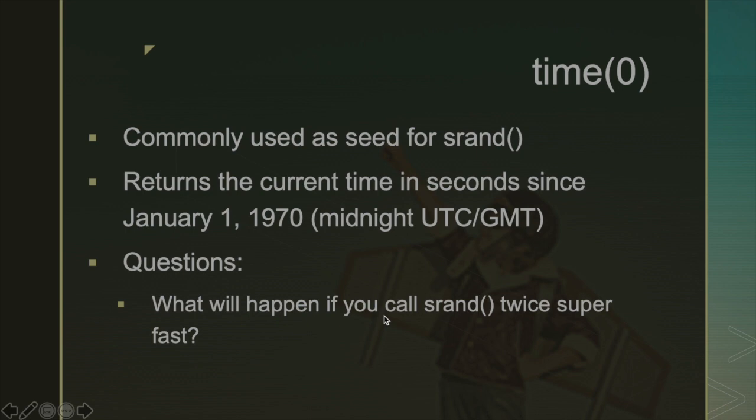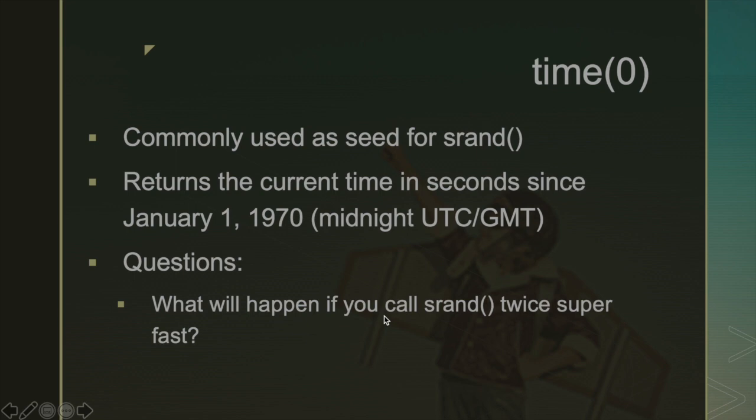It's kind of a tradition that we use that because people think that's more random than other things. Anyway, time zero returns the current time in seconds. Remember, it's in seconds, not milliseconds, not nanoseconds. It's in seconds since January 1st, 1970.